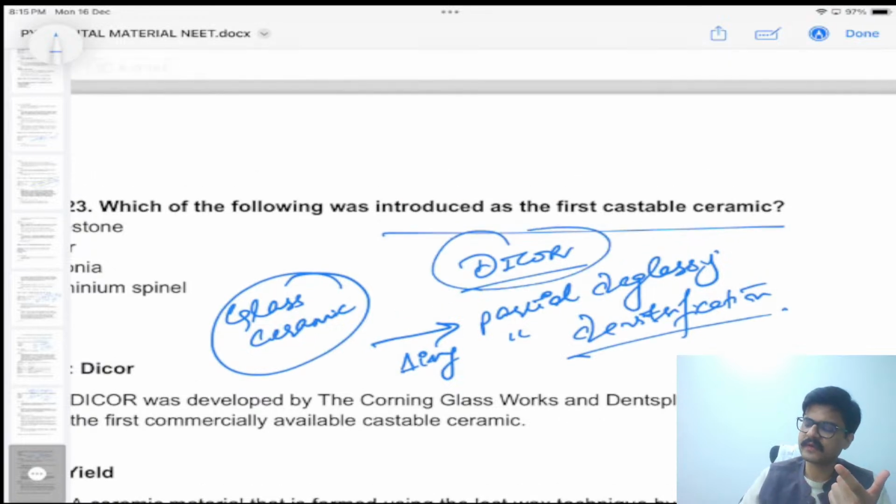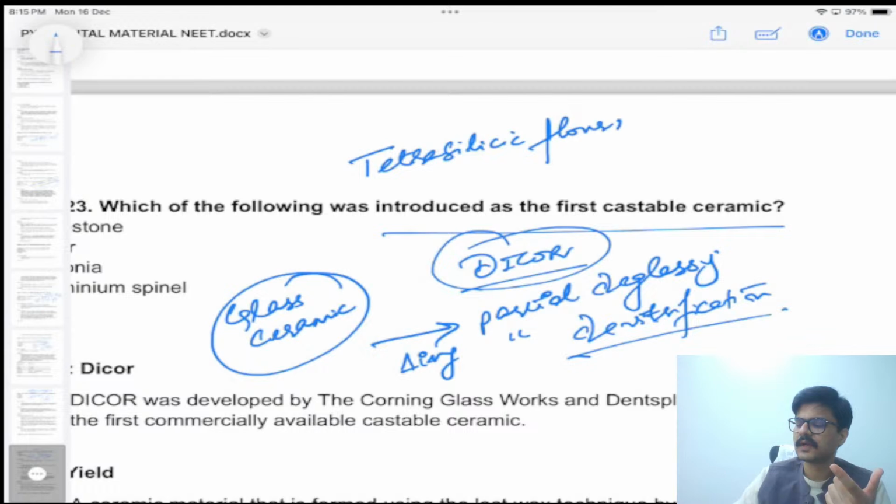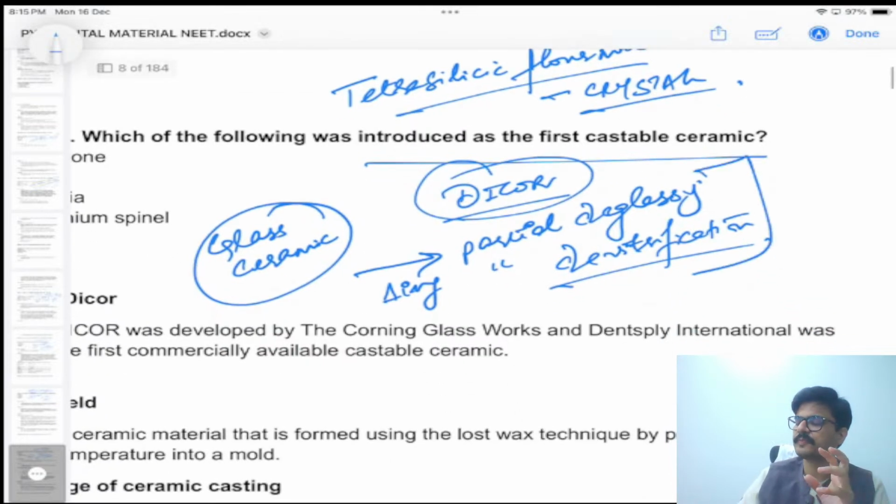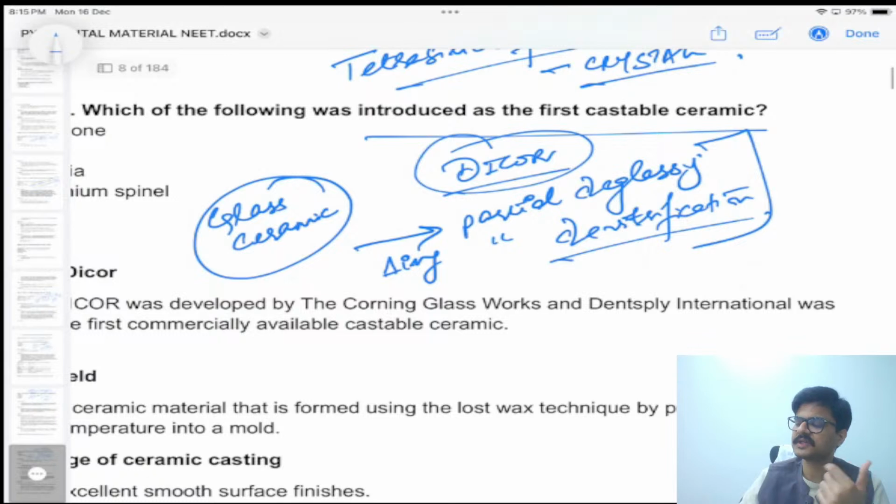And in Dicor, what is the crystal? That's another MCQ: tetrasilicic fluor mica, right? So that's the first castable ceramic, Dicor. Tetrasilicic fluor mica is the crystal that is generated. This process of heat treatment, which leads to partial deglassing or partial devitrification, is also known as ceramming.